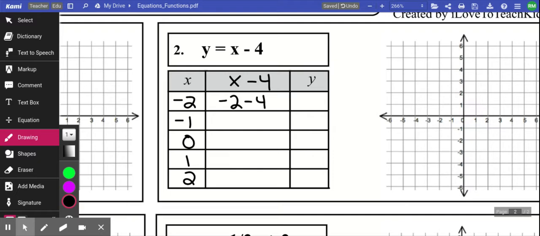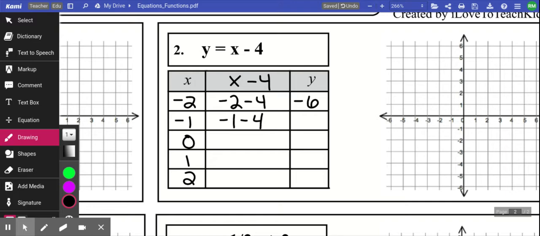So what's -2 minus 4? -6. So that will be our output. Some people were getting this one mixed up last hour, so we just want to make sure we understand this. So next one, it's going to be -1 minus 4.